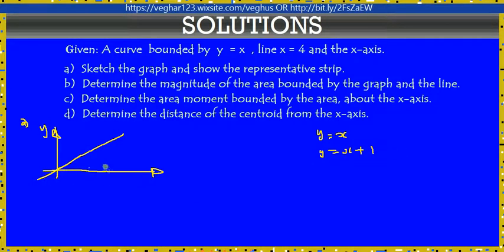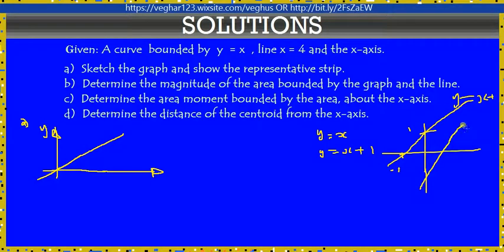If it's negative, it will go the other direction. So you'll have 1 here and -1 here for this graph.